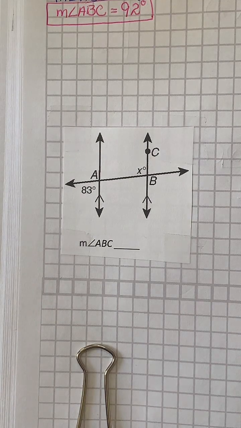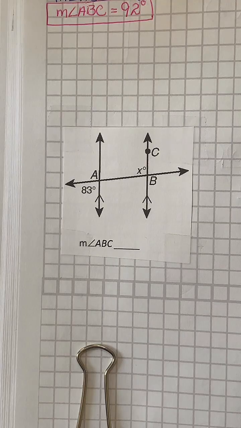Okay. Something with the 83. Okay, I'm seeing a lot of that. DF is saying 180 minus the 83. Okay. You could tackle it that way.